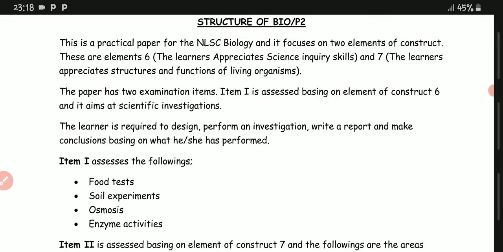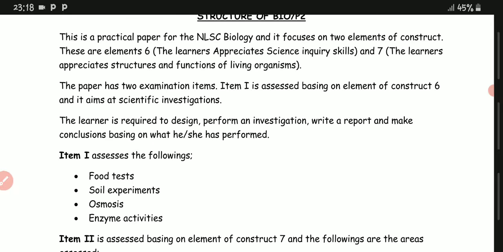Then we have element of construct 7. In element of construct 7, a learner must appreciate structures and the functions of living organisms. I'll talk about this later. Then, let's proceed. The paper has 2 examination items.